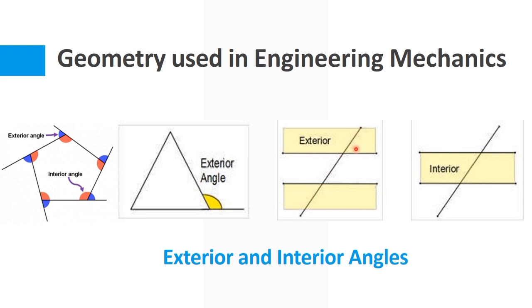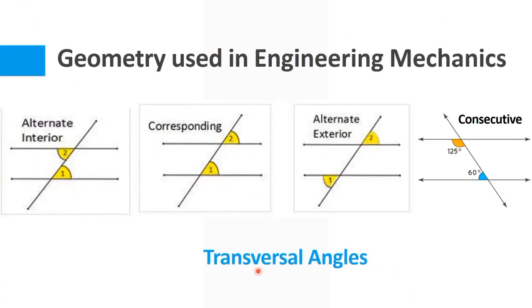If we are measuring this angle or this angle, these would be known as exterior angles, and the angles inside these two parallel lines will be known as interior angles. The angles which this line makes with these two parallel lines are known as transversal angles.